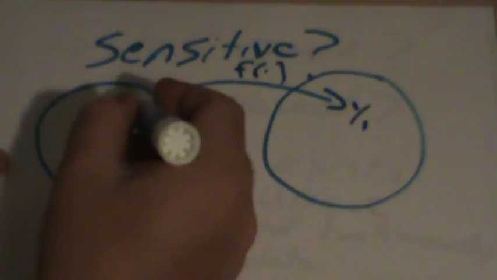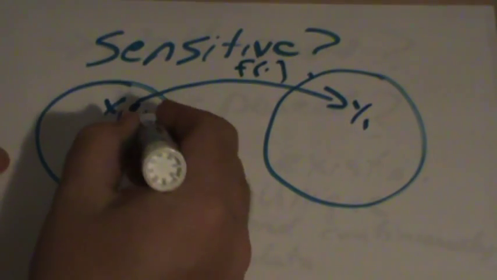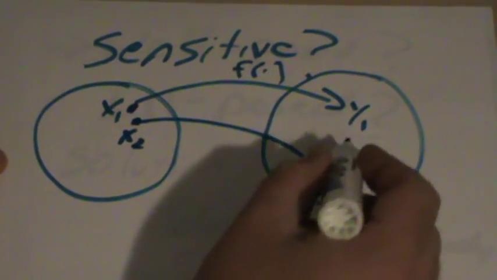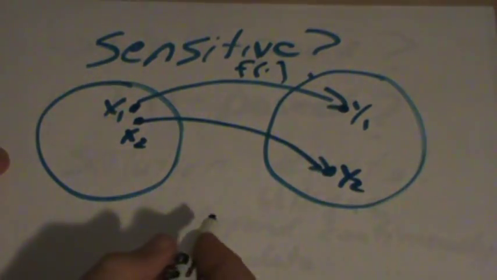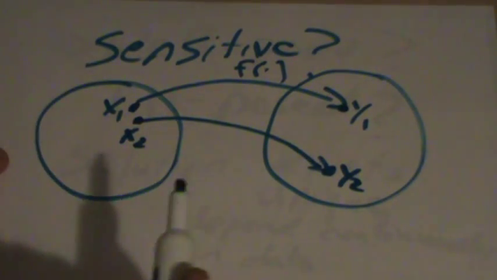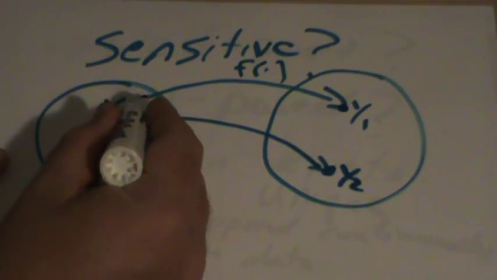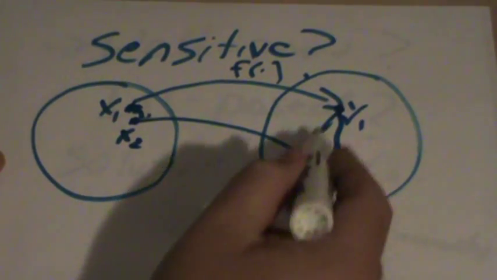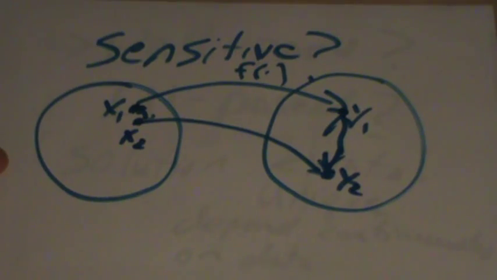If I took something fairly close by, some x2, and it causes a wildly different answer over here, y2, then we would say that it's a fairly sensitive problem. So what we're looking for is, how does this change versus this? And if this change is large versus that, then we're going to call that very sensitive. We'll come back to this in a little bit.